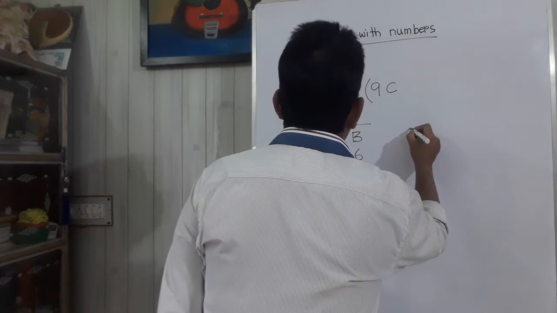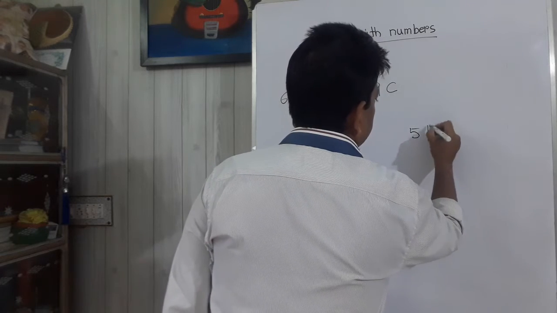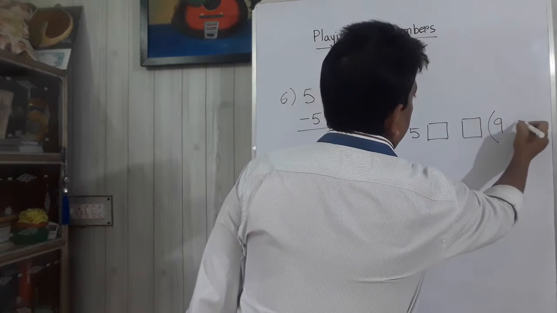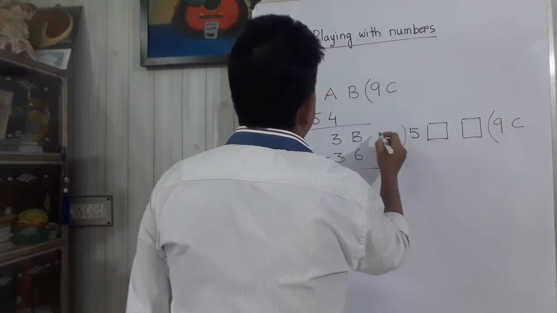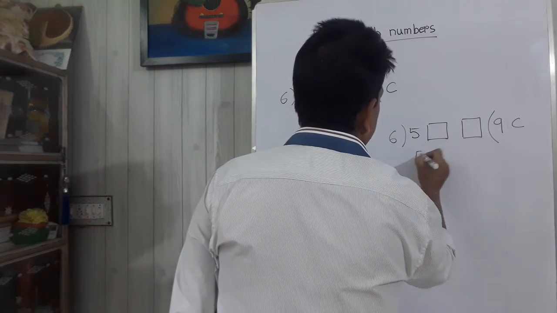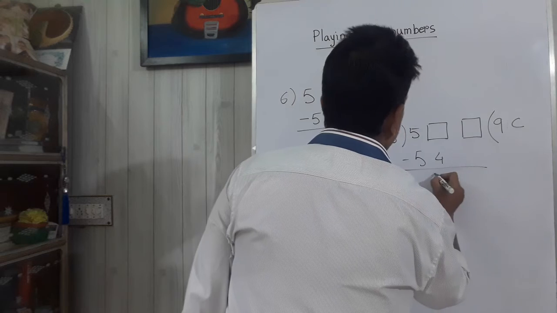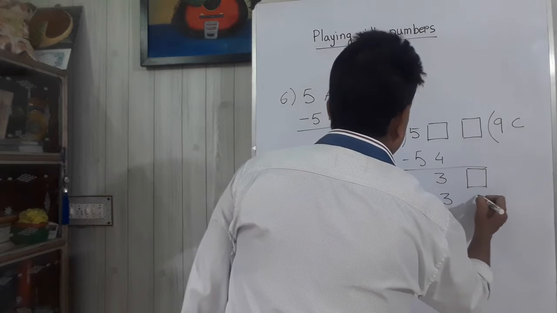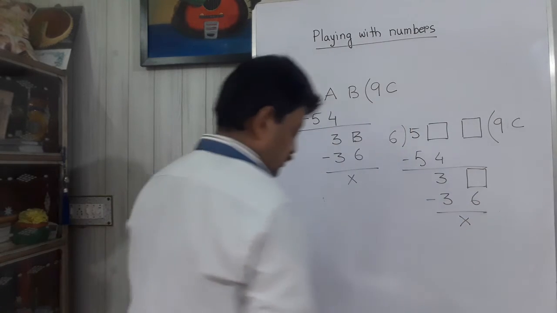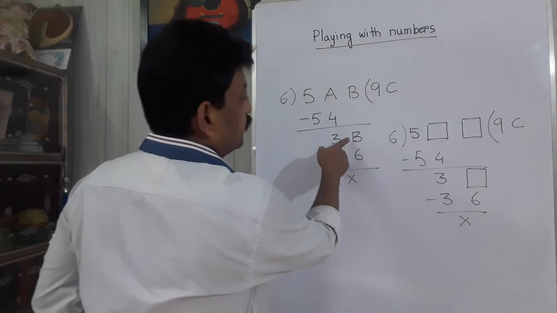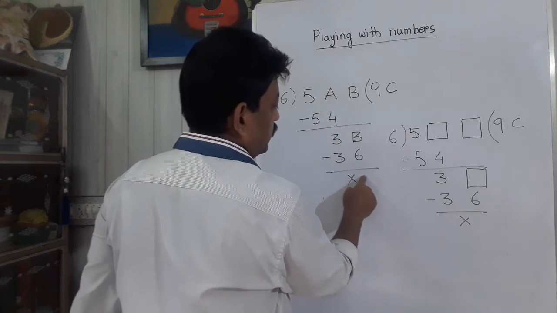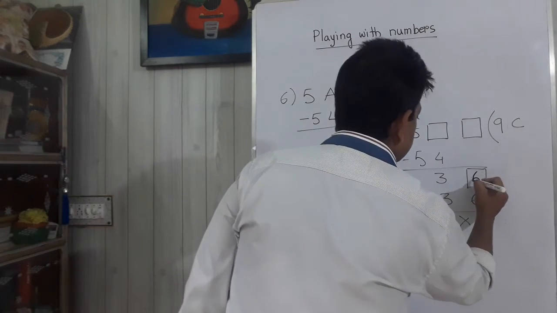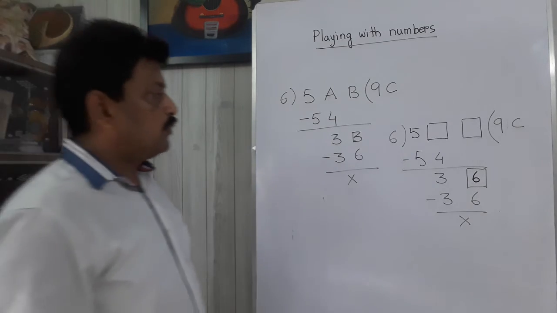So I am writing it again. 5, blank, blank, it is 9C to be divided by 6, minus 5 4, here it will be 3, and this will be blank, minus 3 6, the remainder is 0. So as I have told you, since it is producing 0 in the remainder, then B must be 6. 6 minus 6 is 0. So I am writing here 6. Okay, so we have got the value of B.